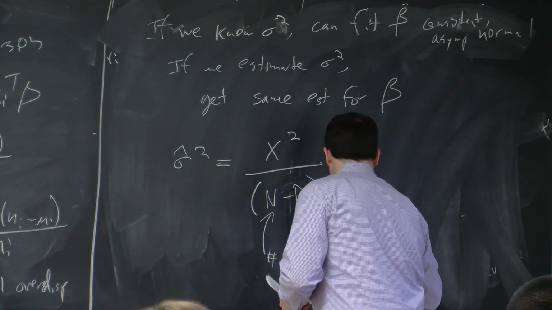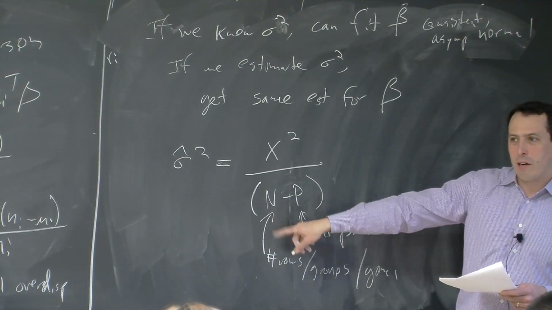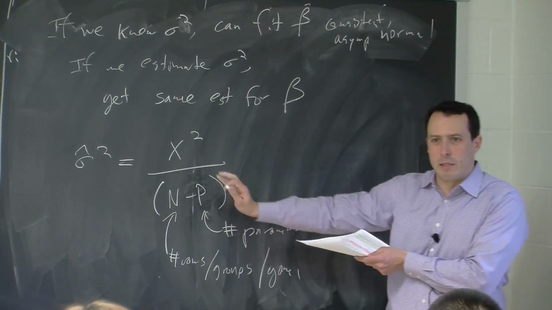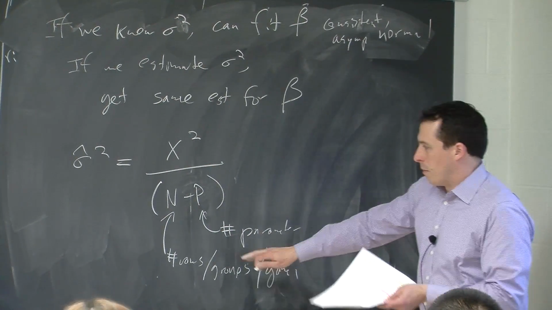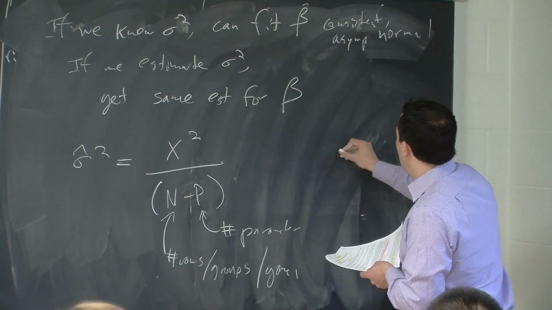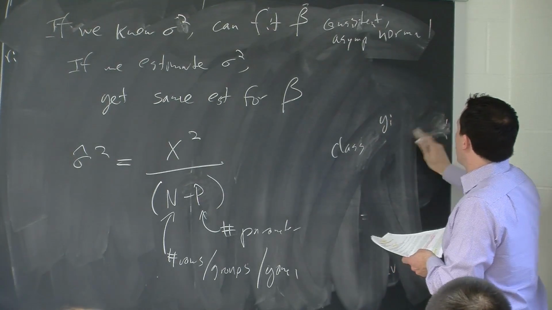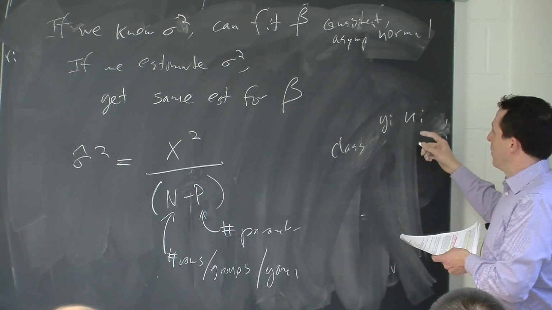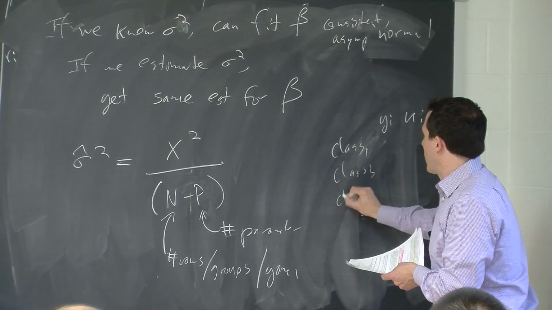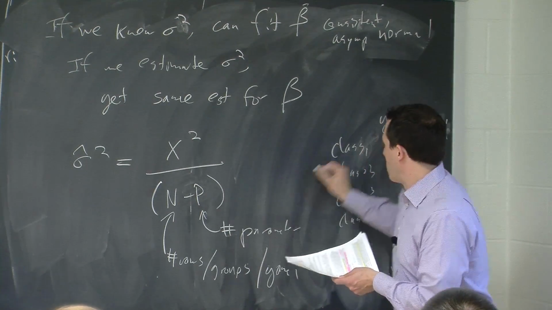In the darts example, this would be the number of games. So these are the number of binomial distributions that show up in our model, not the number of observations, because then it would just be Bernoulli. If I write my table like class, number of successes, total number: class 1, class 2, class 3, class 4, then big N is the number of classes.